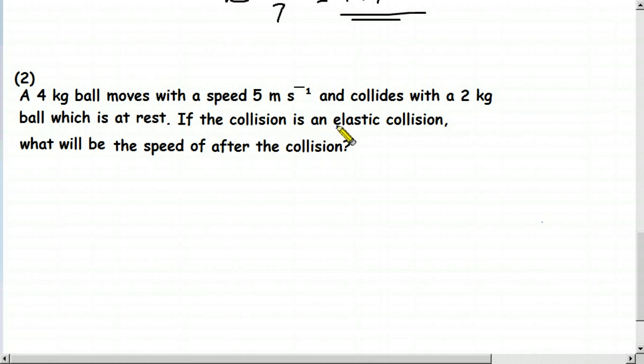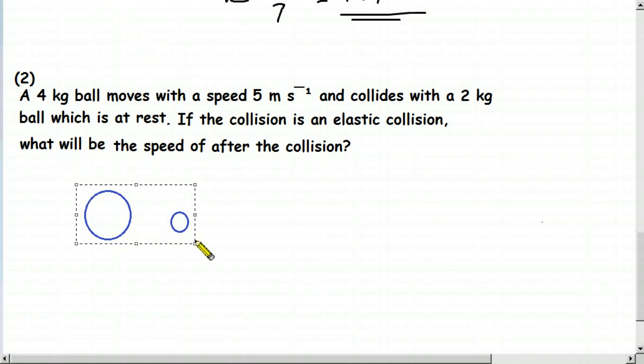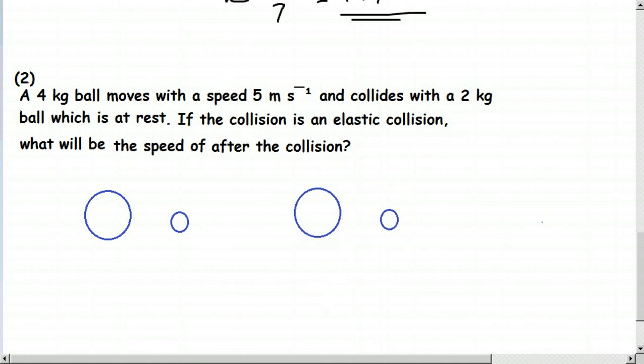If the collision is elastic, what will be the speed of them after the collision? Then let us, as usual, draw a little diagram. These are the balls, and after the collision they move separately.